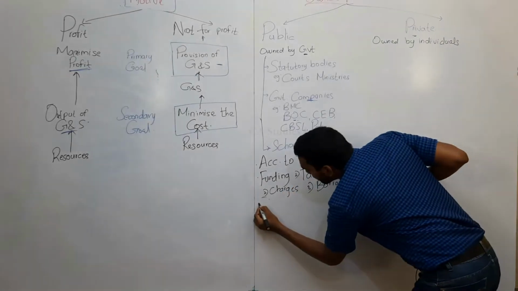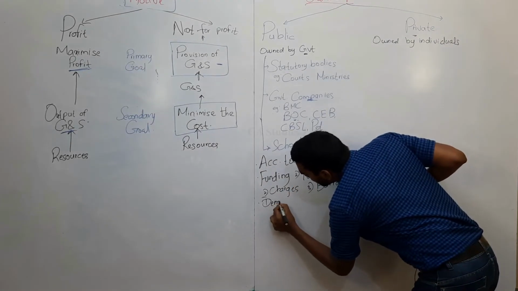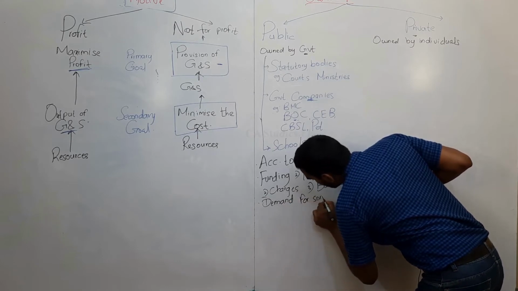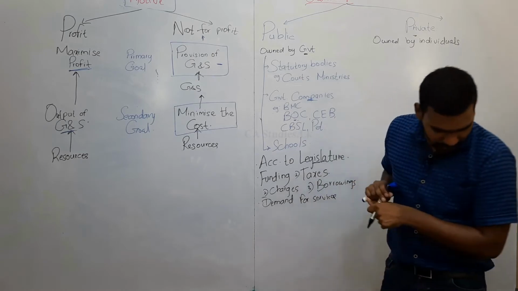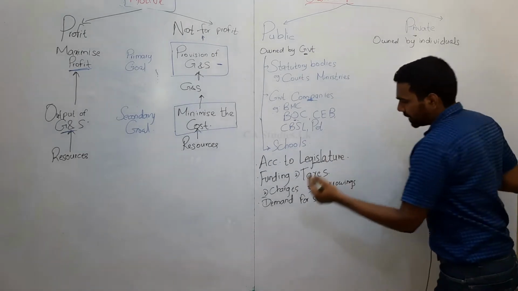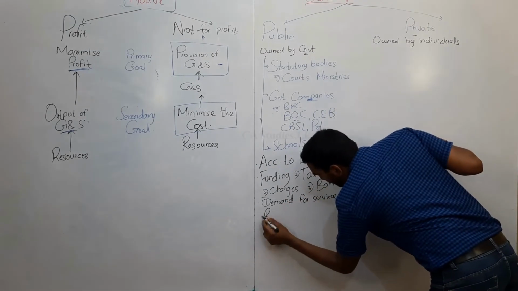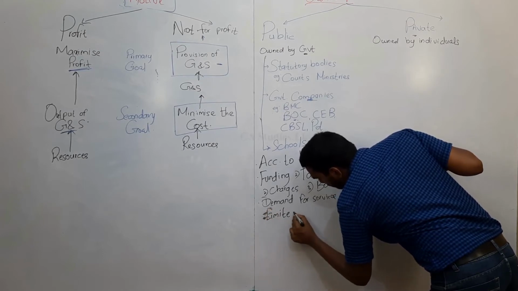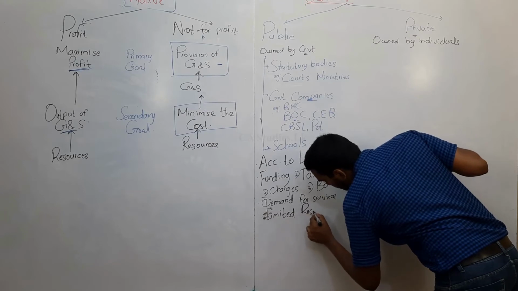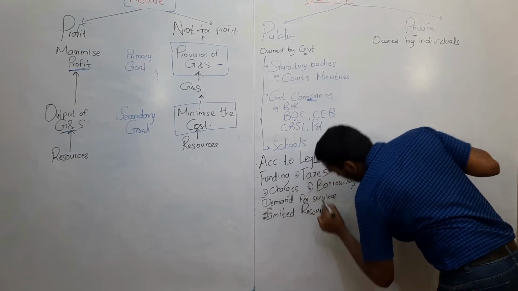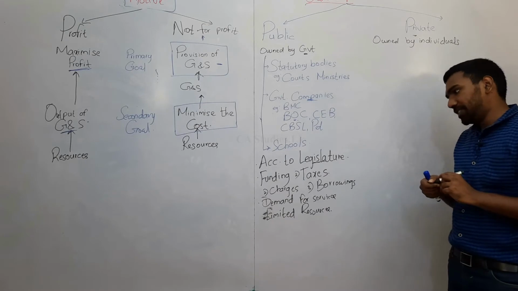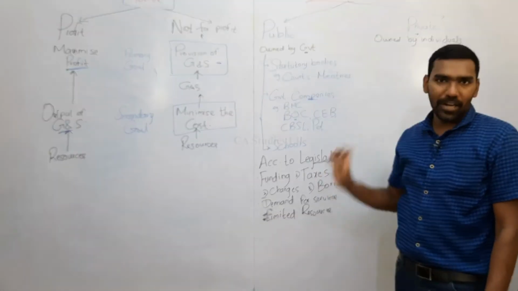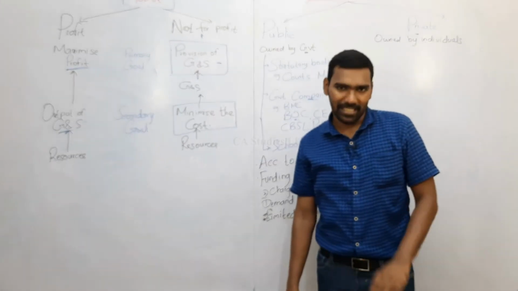And we'll talk about demand for services. And the next point is limited resources. I'll explain that. We say the demand for the services provided by the government is practically limitless.